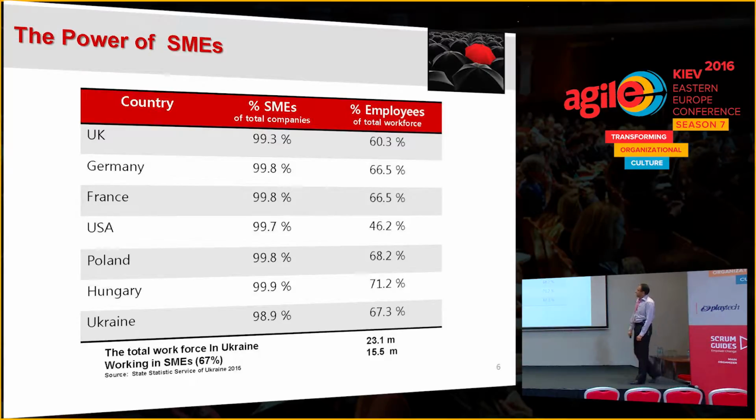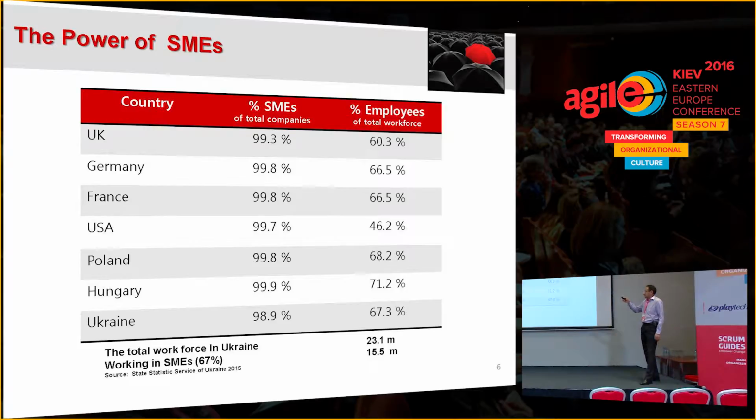The power of SMEs around the world is almost the same everywhere. In no country is the share of SMEs less than 98% of the total number of companies. About 98% of the total number of companies are SMEs everywhere.